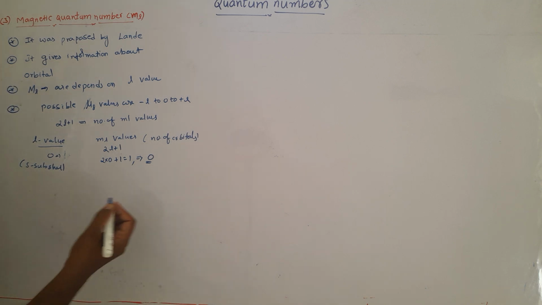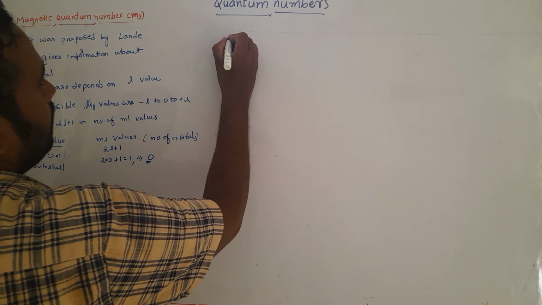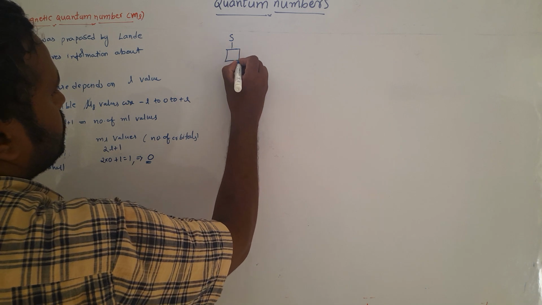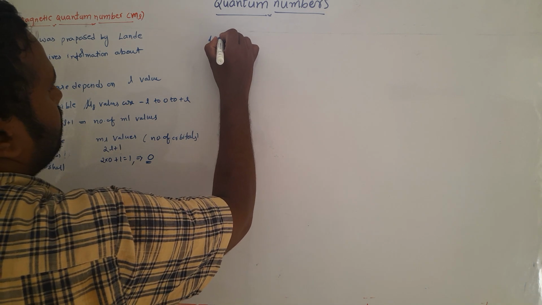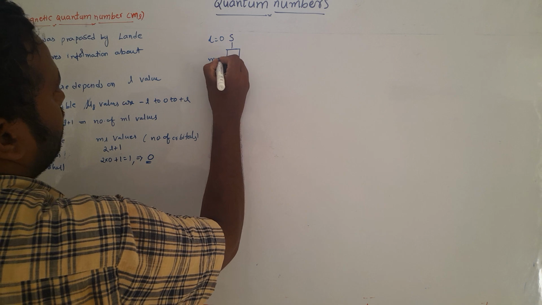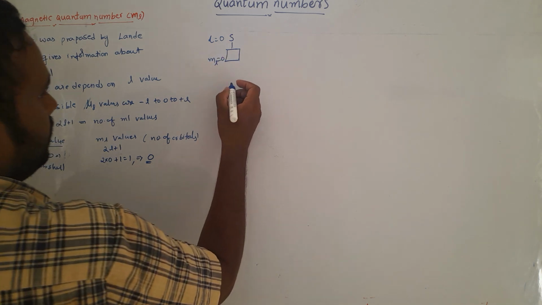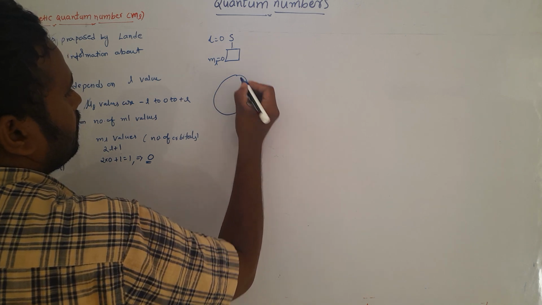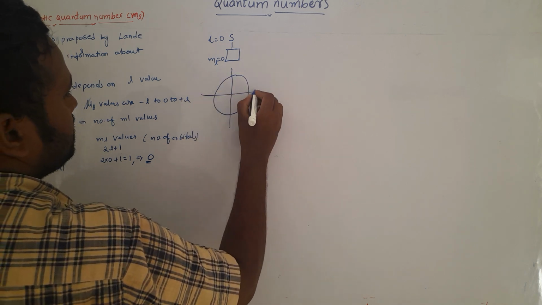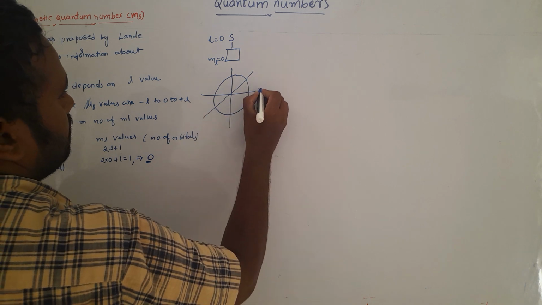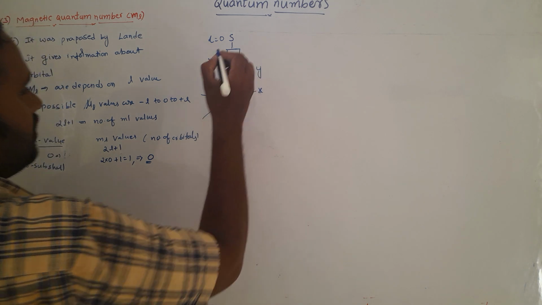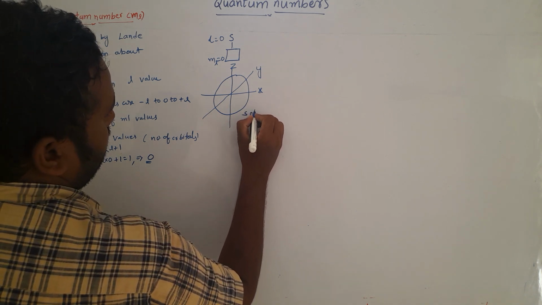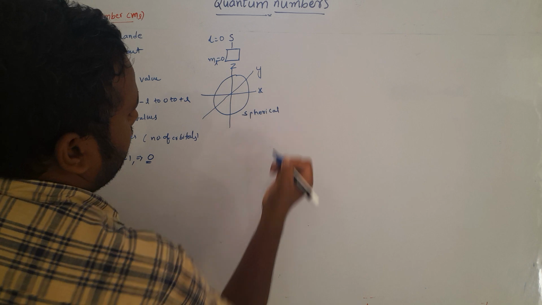So here L equal to 0, ml is equal to 0, and the shape of the S orbital is spherical, or it is called a sphere. X, Y, Z. So this is the shape of the S orbital.